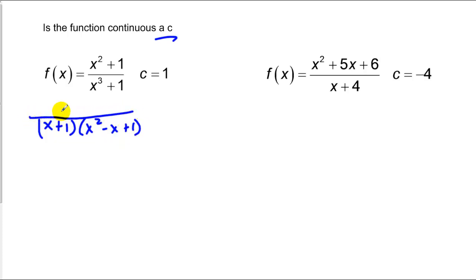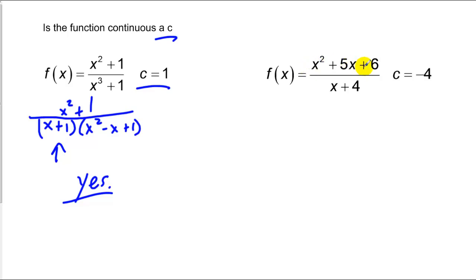And that's all over x squared plus 1. And I can basically tell this is not going to be continuous when x equals -1, but they want to know, is it continuous at 1? And since I can plug 1 in and I get no undefined terms, we can say yes, it's continuous.